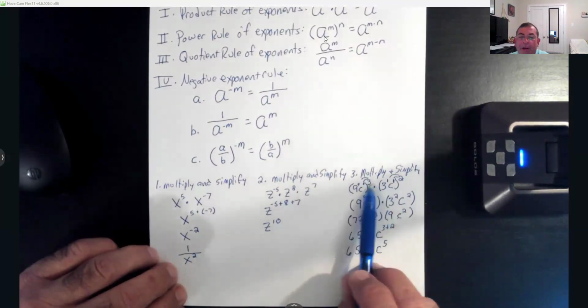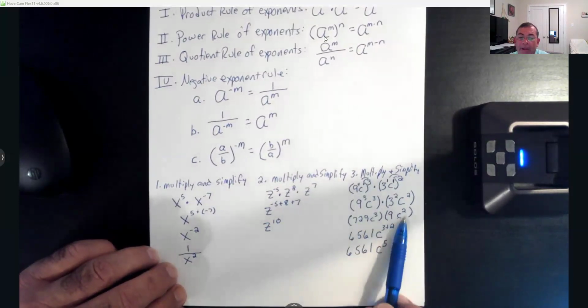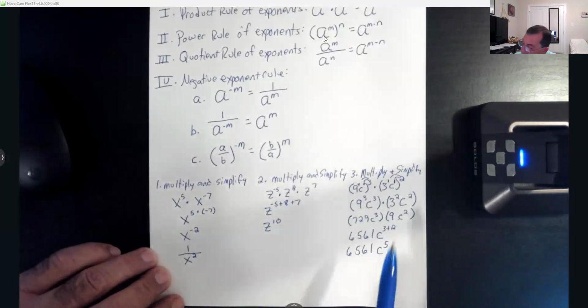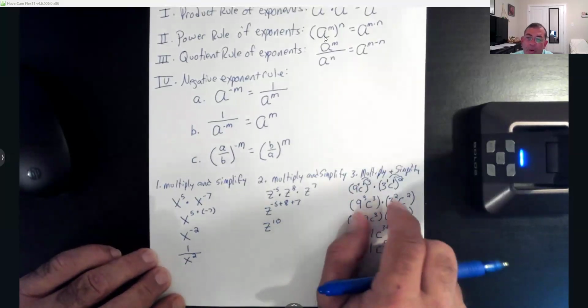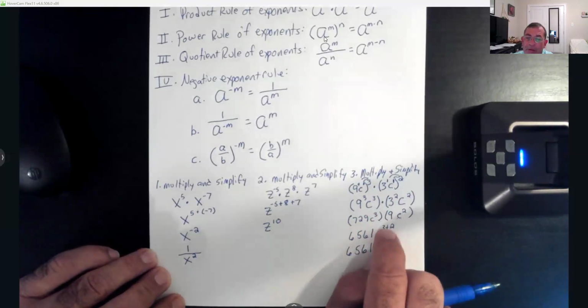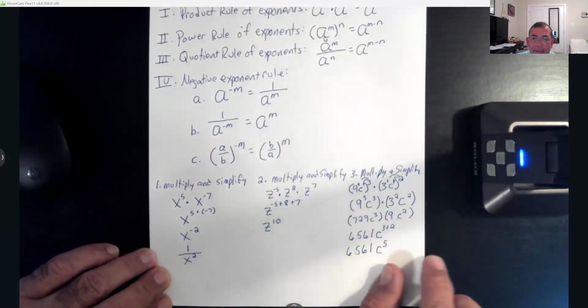So this one you had a little bit of the power rule where you had to distribute the exponent. And then down here we're multiplying, we had the product rule. Hey, I'm probably doing a few extra steps than y'all would have to do. I'm just wanting y'all to see sort of every step what I'm doing, okay?